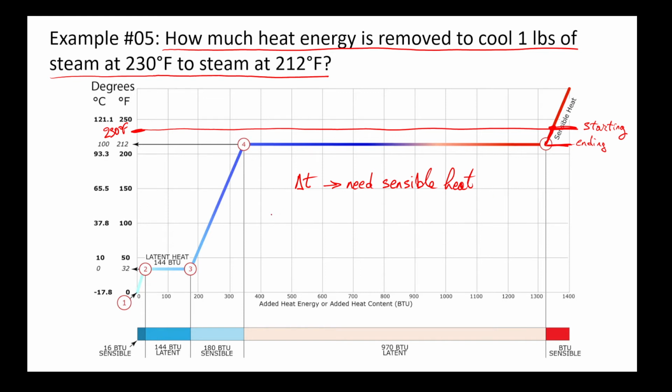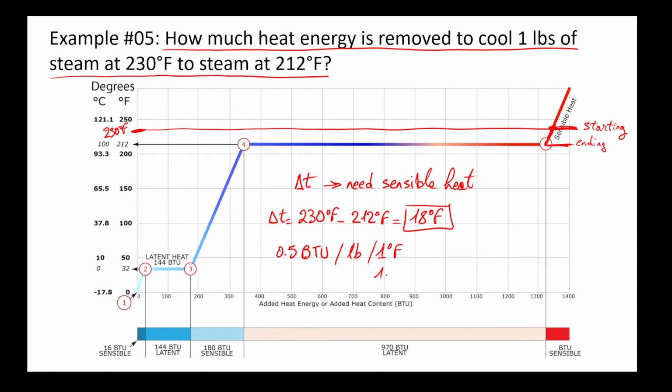Delta T equals 230 degrees Fahrenheit minus 212 degrees Fahrenheit, which is 18 degrees Fahrenheit. To cause an 18 degree Fahrenheit change in steam, what you need is half a BTU per pound per degree Fahrenheit. So you need half a BTU per pound of steam to change 1 degree Fahrenheit.